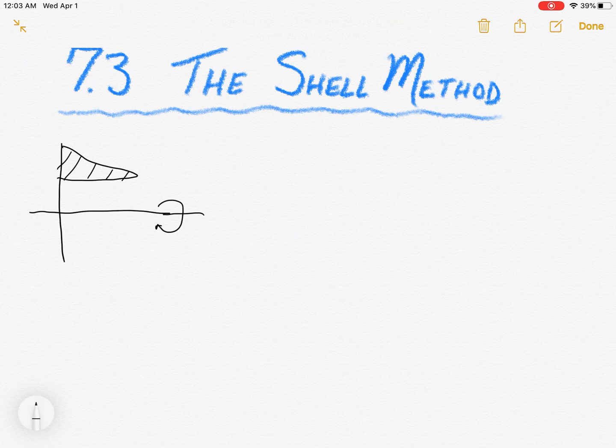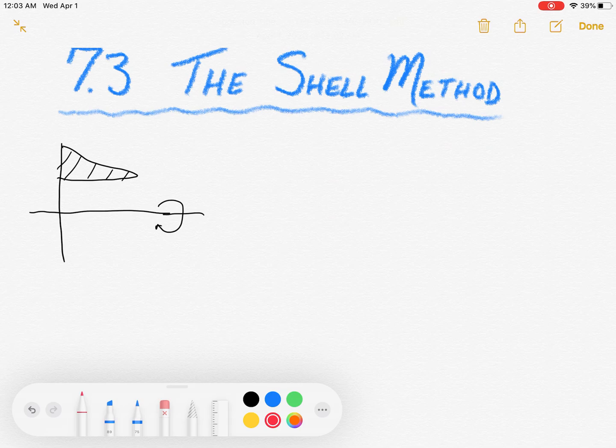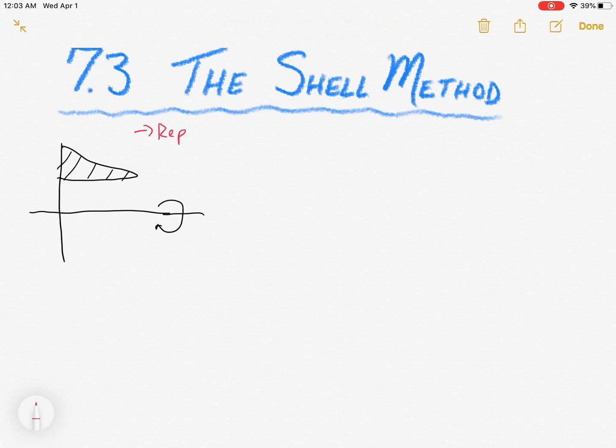But with shell, one of the characteristics is the representative rectangle is now going to be parallel to the axis of revolution.